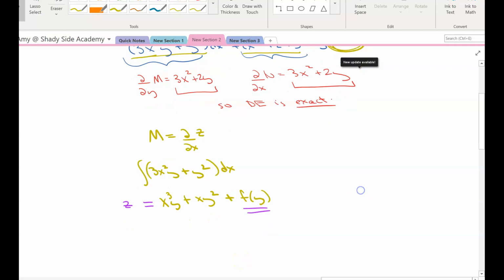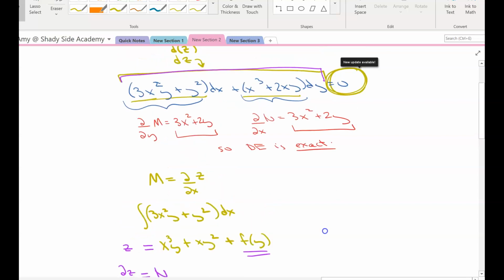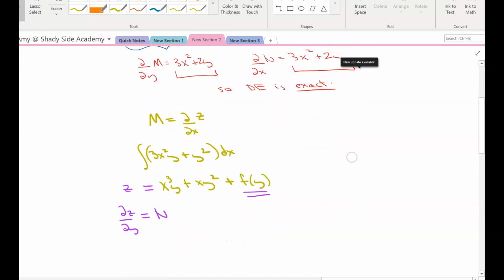So now what I'm going to do is take the partial derivative of z with respect to y, and that should equal n, because n is the partial derivative of z with respect to y. So let's see. What is dz by dy? dz by dy is equal to, plus 2xy plus f prime of y.